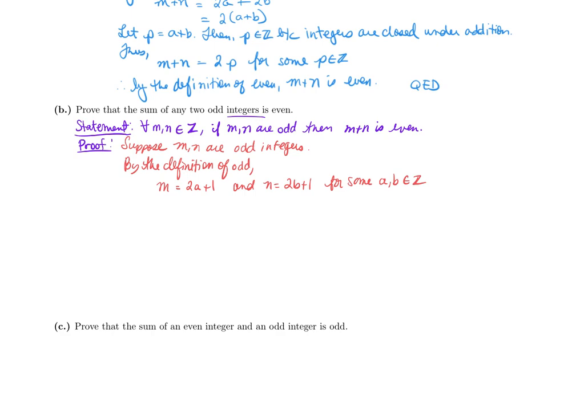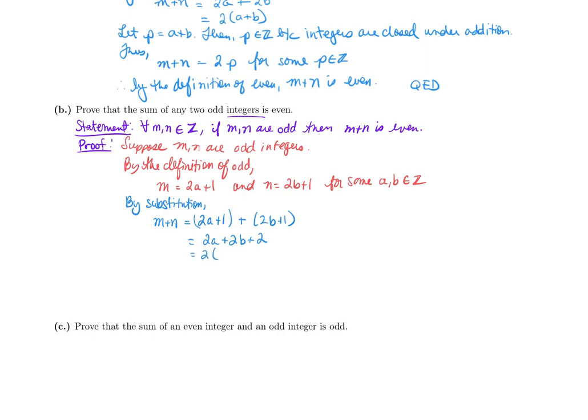So then we move into the process of showing that Q of m, n is true. We're going to do this through substitution. So by substitution, now we're substituting back into m plus n again. m plus n is what we're substituting into, so we'll show that first. And it's equal to, well, by equality, we know that that's 2a plus 1 plus 2b plus 1. So we end up with 2a plus 2b plus 2.